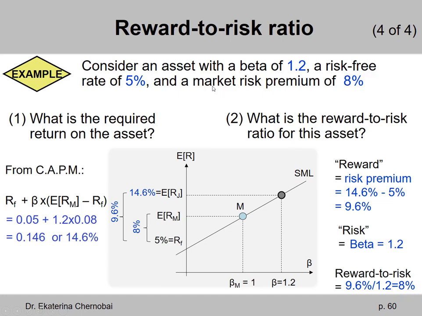And so because the market risk premium is the same thing as the reward to risk ratio for the market portfolio, you could take this 8% and use it for your answer to question number 2. No need to calculate the reward for our stock, the risk for it, and then take the ratio. It will always equal the reward to risk ratio for the market or the market risk premium.